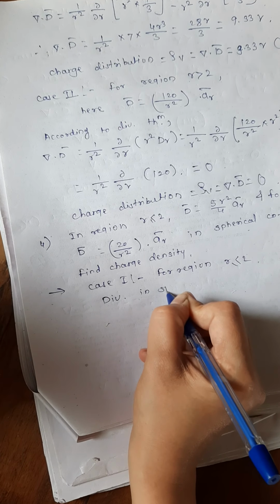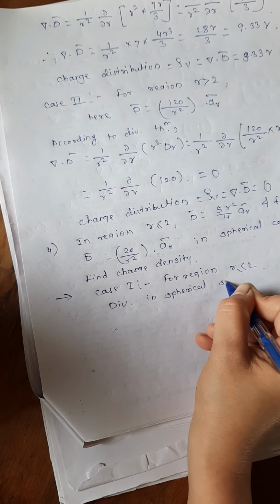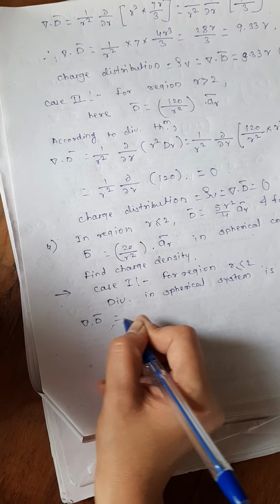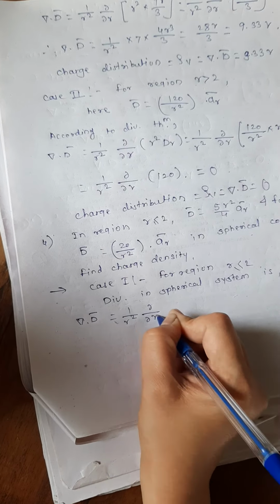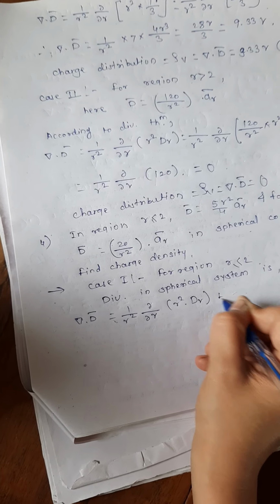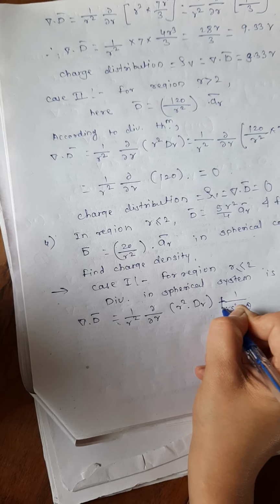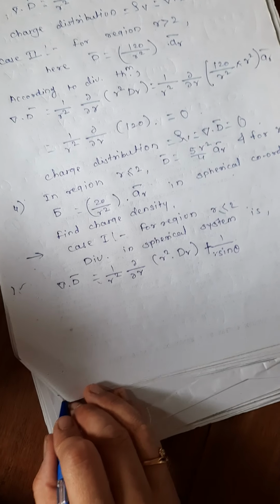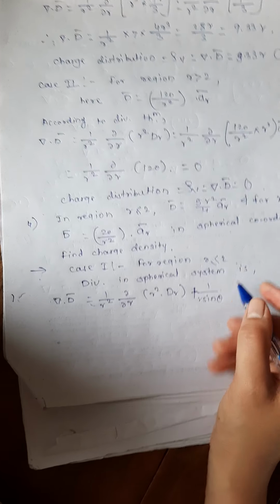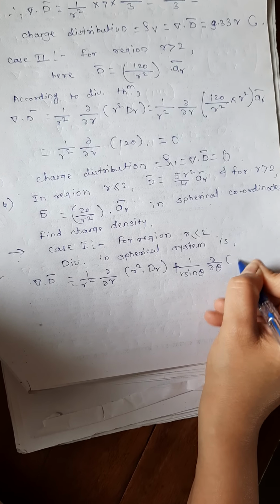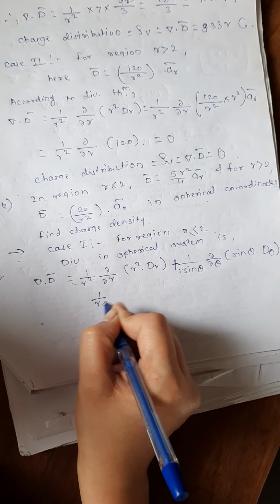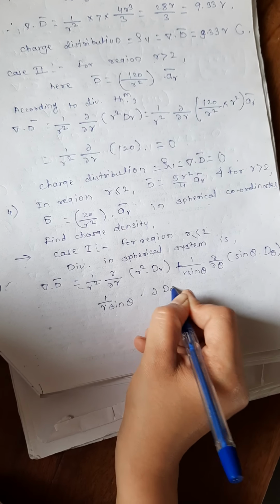Divergence in the spherical system is del dot D bar equal to 1 by r square d by dr of r square Dr plus 1 by r sin theta d by d theta of sin theta D theta plus 1 by r sin theta d by d phi of D phi. This is equation number 1.